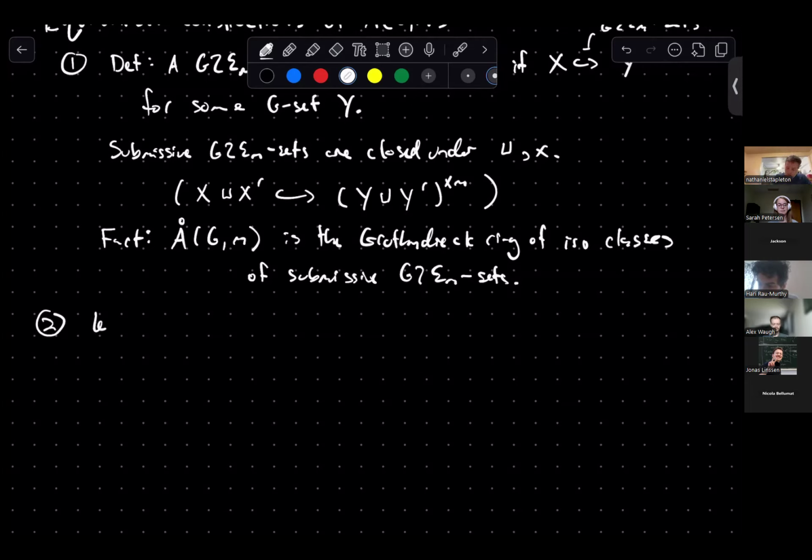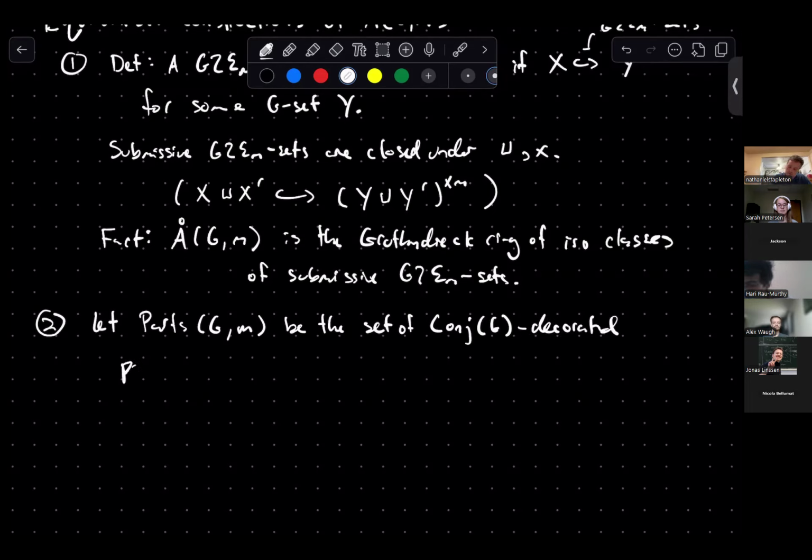So let Parts of G comma M be the set of conj of G decorated integer partitions of M. So what is such a thing?